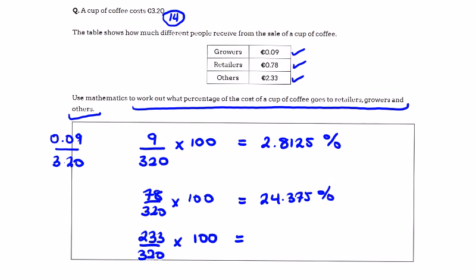You could use 100 and take these 2 away, or you could just type the last one in the same way. 233 divided by 320 times 100 will give 72.8125%. And if you add these together, you'll get 100%. So that's the percentage going to each. Let's label them: growers, retailers, and others.